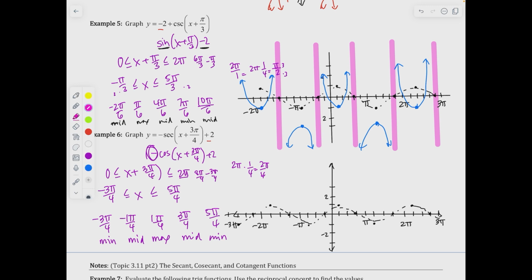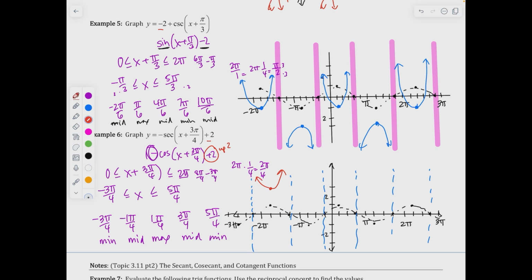Okay, vertical asymptotes we'll draw in. Okay, and then the last step is because of the plus 2, I'm going to go up 2 units. So my maximum goes from 1 to 3, and it opens up.